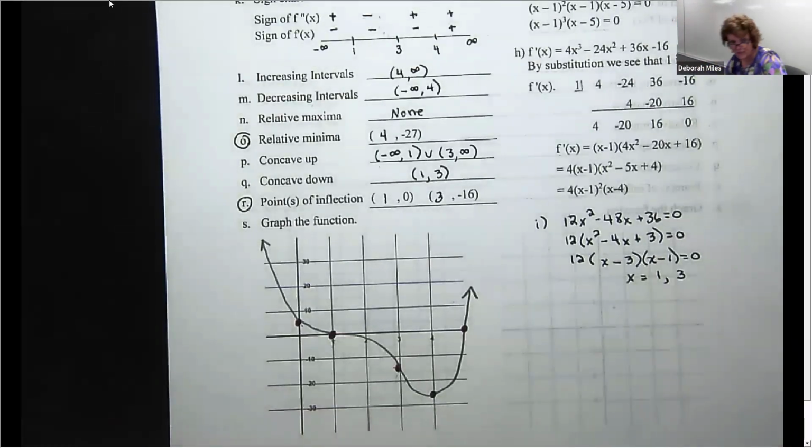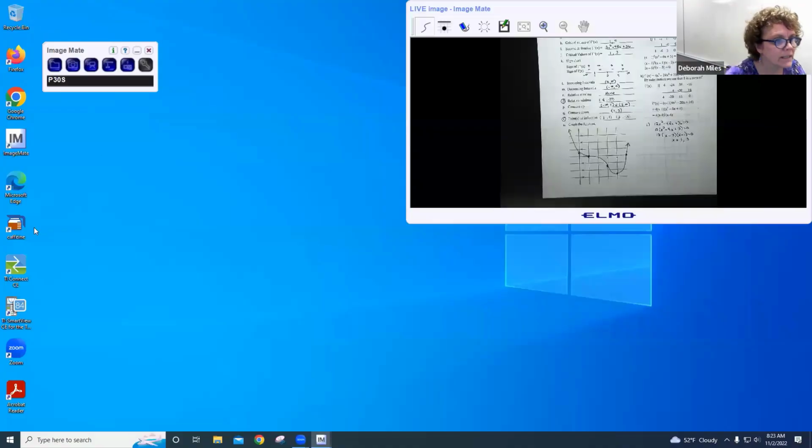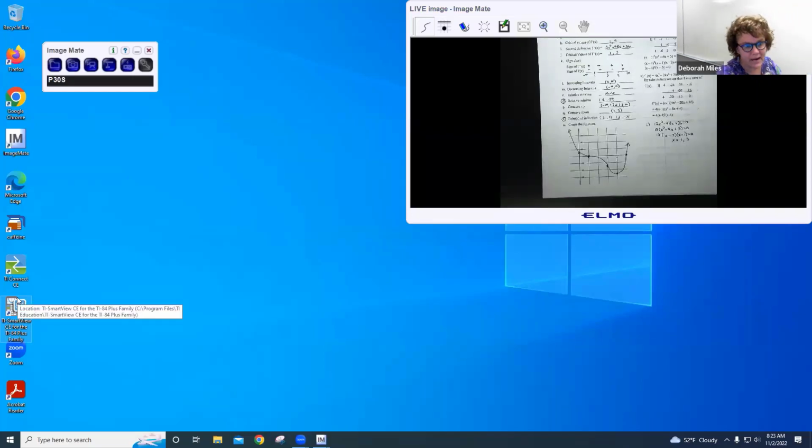Now I'm going to be checking your calculus on the test. I don't want you just to turn up with magical, beautiful graphs and no work to support it. I won't give you credit for that. But you can certainly check your graph on your calculator and use the same window that I did here.